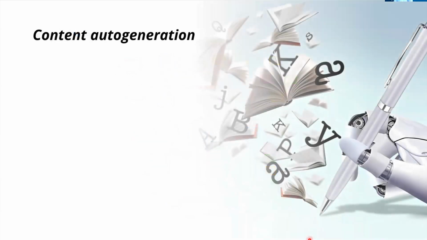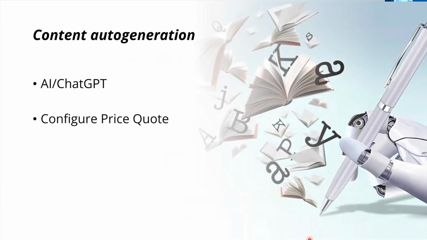But I wanted to talk a little bit about auto generation, and there's different ways of creating content now. So we've got ChatGPT, interesting. We have things like configure price quote systems. We have IPCs, and also I want to touch on video. Now, ChatGPT, great technology, but it's never going to replace, I shouldn't say never.